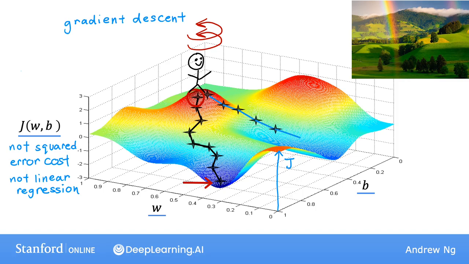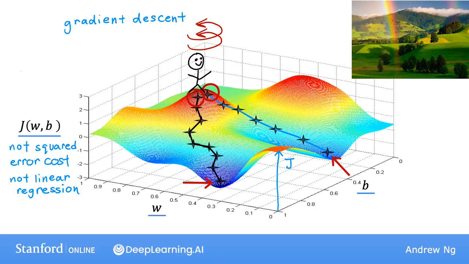And if you were to run gradient descent the second time, starting just a couple steps to the right of where we did it the first time, then you will end up in a totally different valley, this different minimum over here on the right.